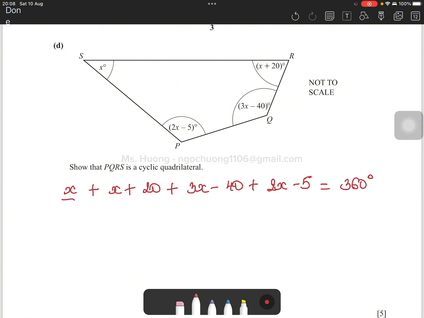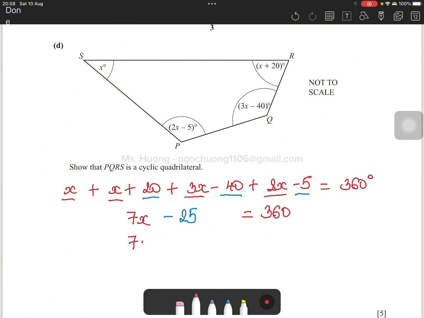And now, x plus 3x is 5x, 5x plus 2x is 7x, and 20 minus 40 is negative 20. Negative 20 minus 5 means negative 25. Then we'll write equal 360 degrees again.